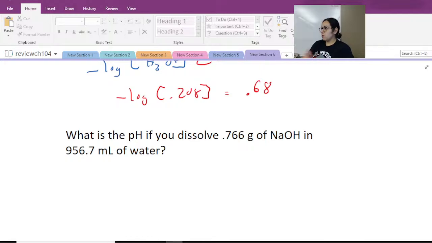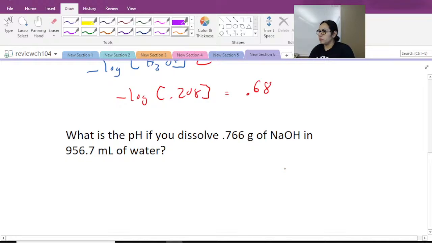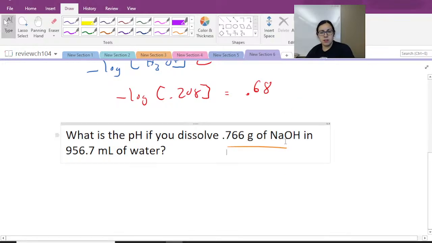Do we have answers for this one? How do we solve this one? So grams to moles, so let's do it.